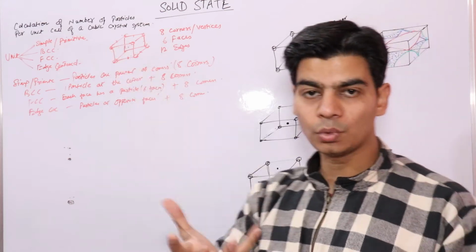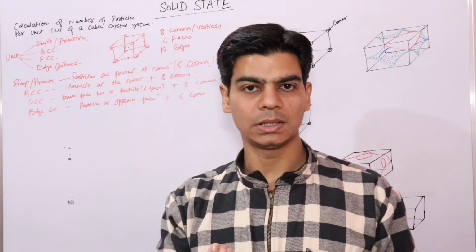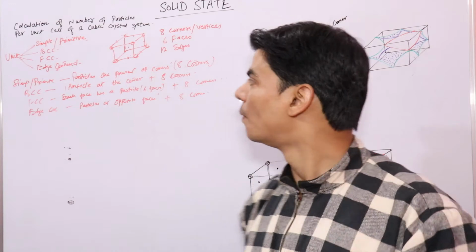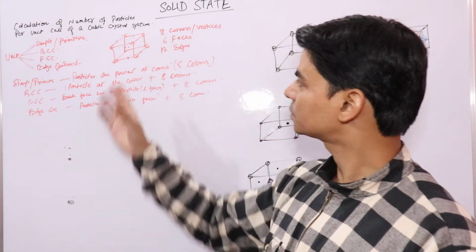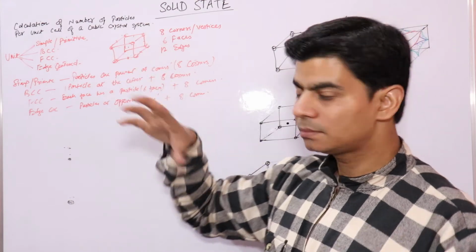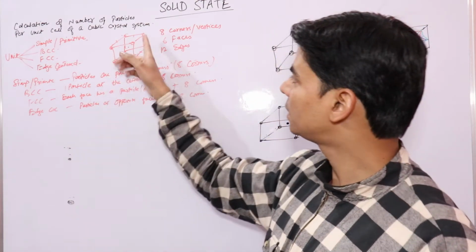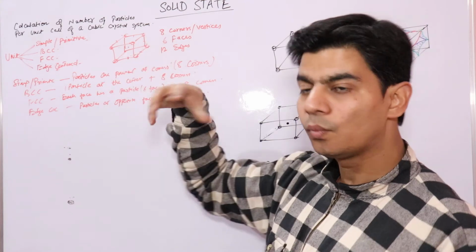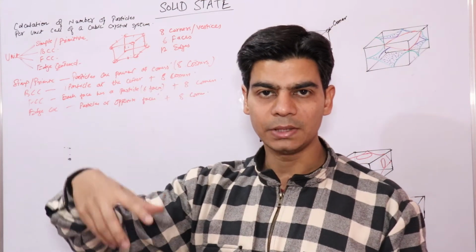So if we want to calculate the number of particles in one unit cell, we need to find out how many unit cells are in touch with one particular unit cell.